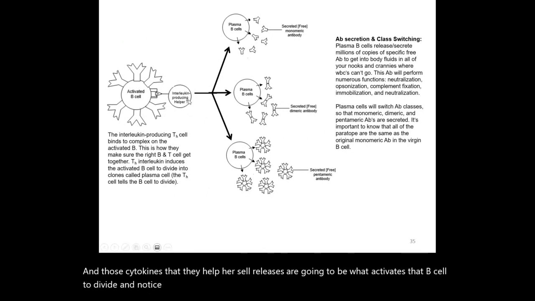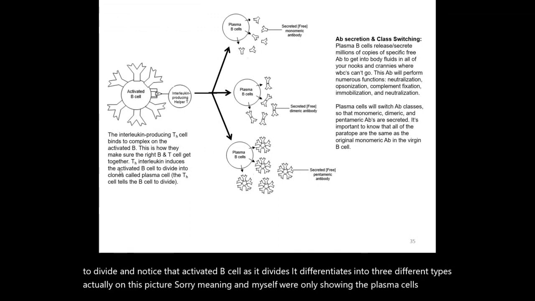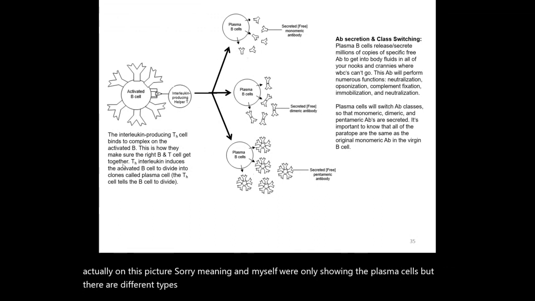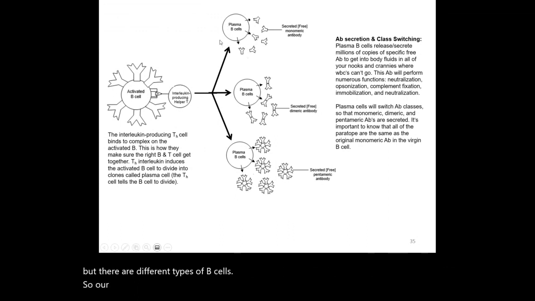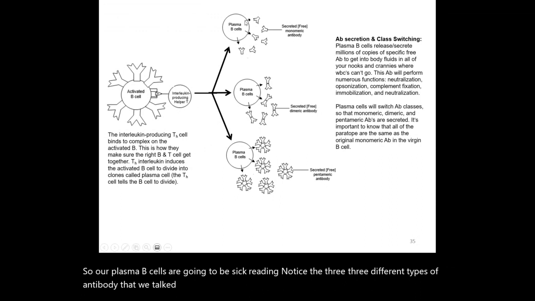And notice that as the activated B cell divides, it differentiates into different types. Actually, on this picture, sorry, I'm getting ahead of myself. We're only showing the plasma cells, but there are different types of B cells. So our plasma B cells are going to be secreting, notice, the three different types of antibody that we talked about previously.